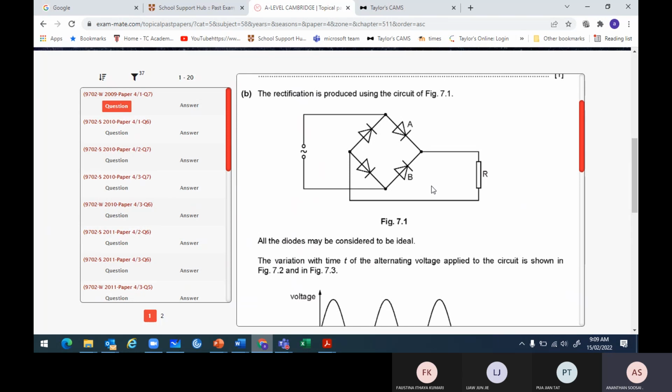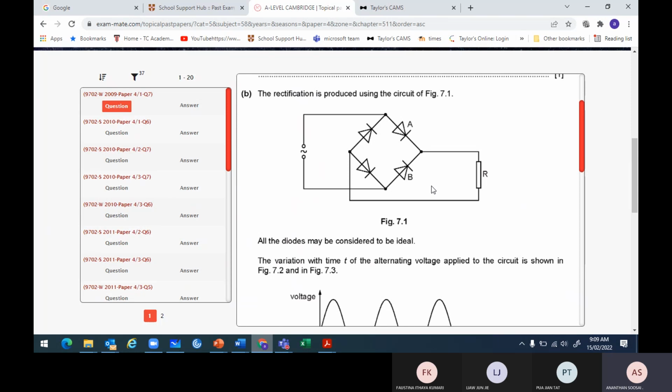You want to draw the V versus t graph of A. You know the power supply here is alternating up and down completely. But when up is positive, how will the voltage change for A? When up is positive, that means the upper cycle, the positive cycle. Is A going to be forward bias or reverse bias?